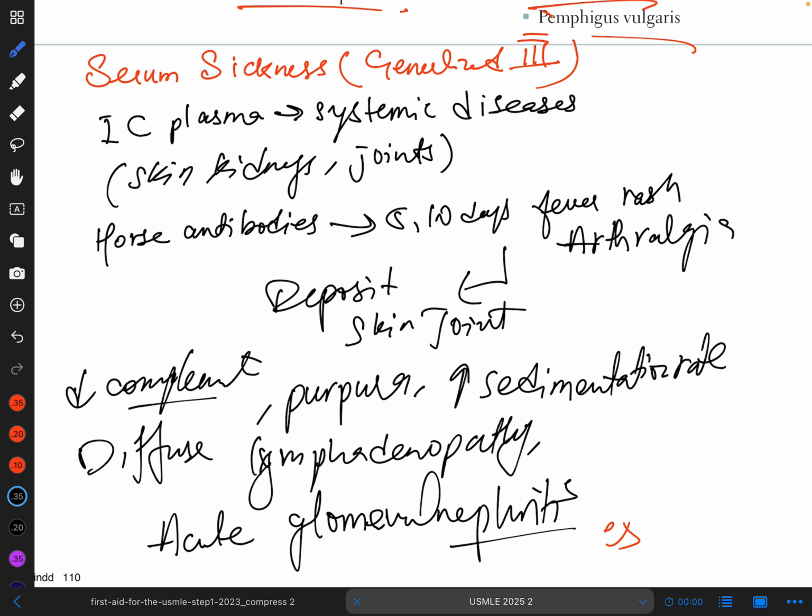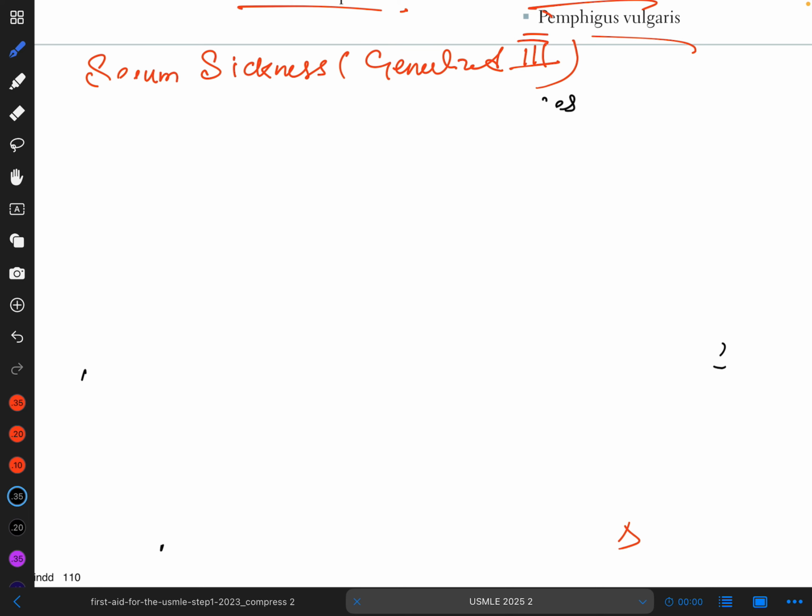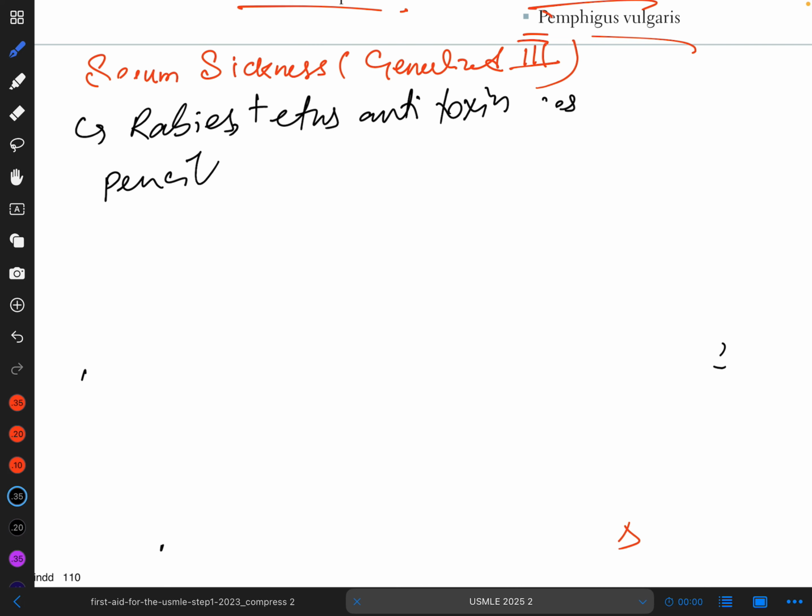Serum sickness is classically caused by rabies or tetanus antitoxin, and also rarely by penicillin. It also happens with drugs like monoclonal antibodies, such as rituximab and infliximab.